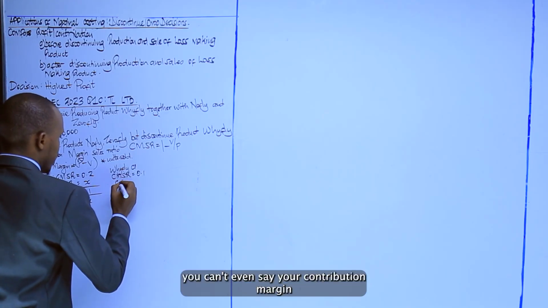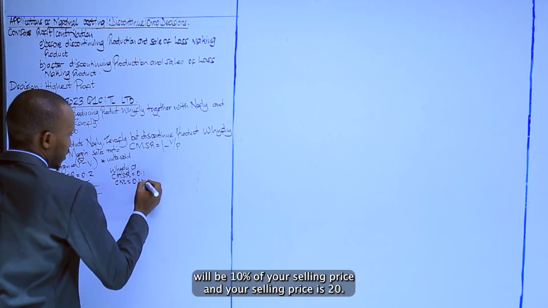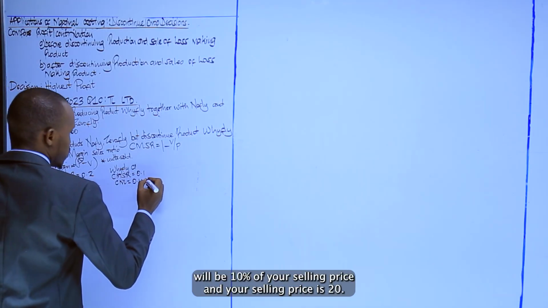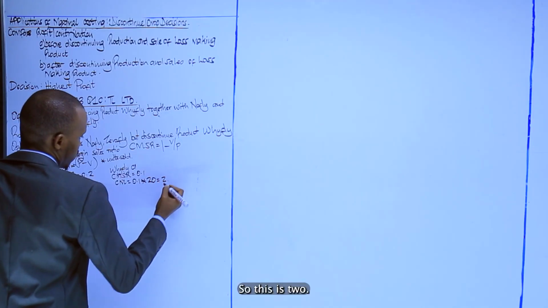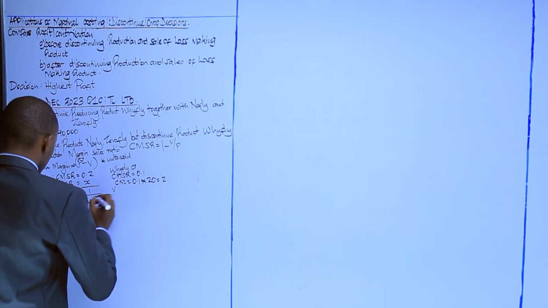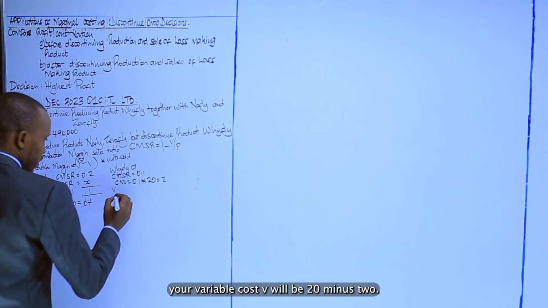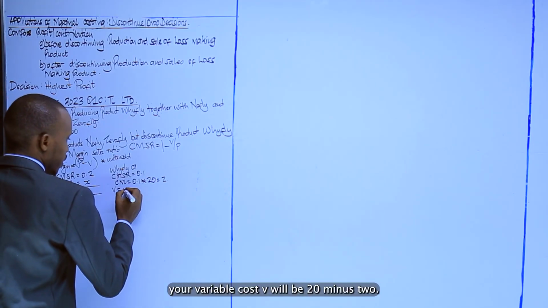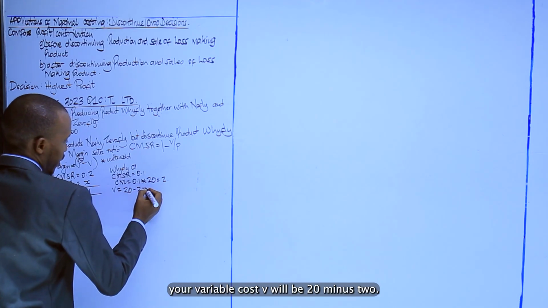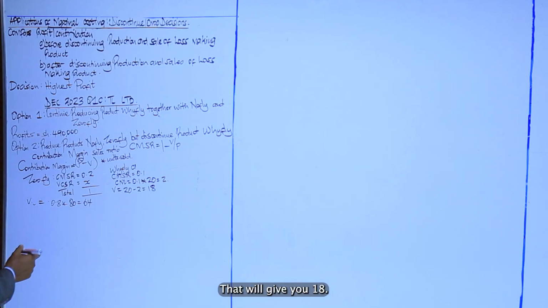Therefore, you can say your contribution margin will be 10% of your selling price, and your selling price is 20. So this is 2. Therefore, your variable cost V will be 20 minus 2. That will give you 18.